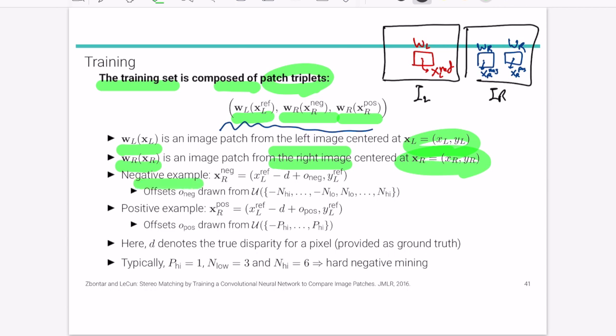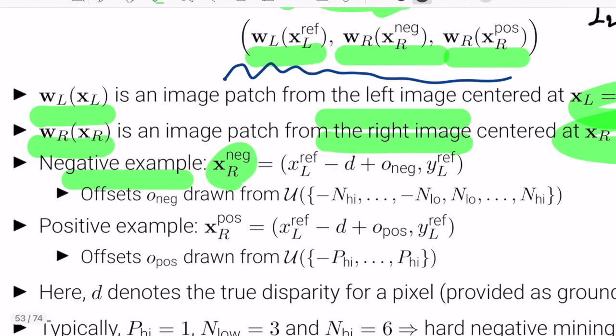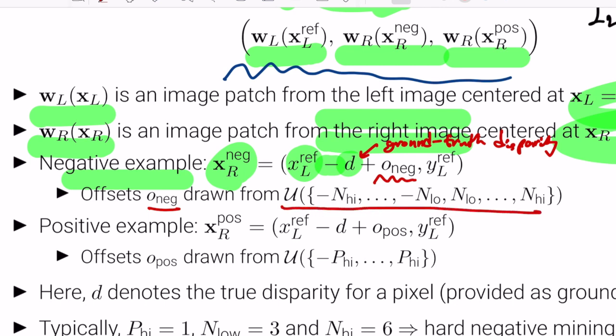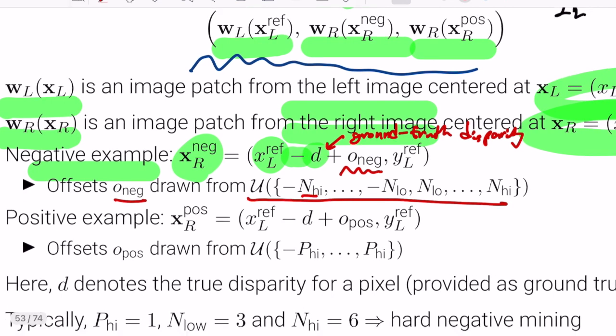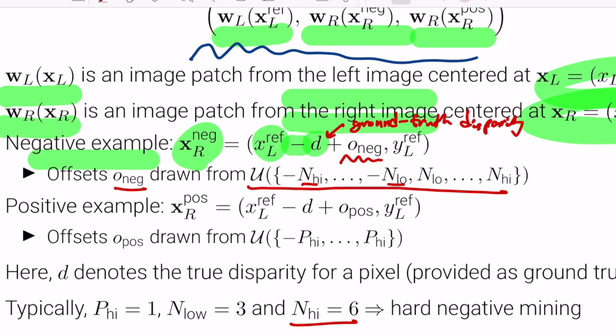For a negative example, XR neg can be determined by something like XL minus d plus o neg, where d is the ground truth disparity for XL, and o neg is a perturbation offset drawn from a uniform distribution from negative n high, which is usually 6, to negative n low, which is often 3, or plus n low to plus n high.